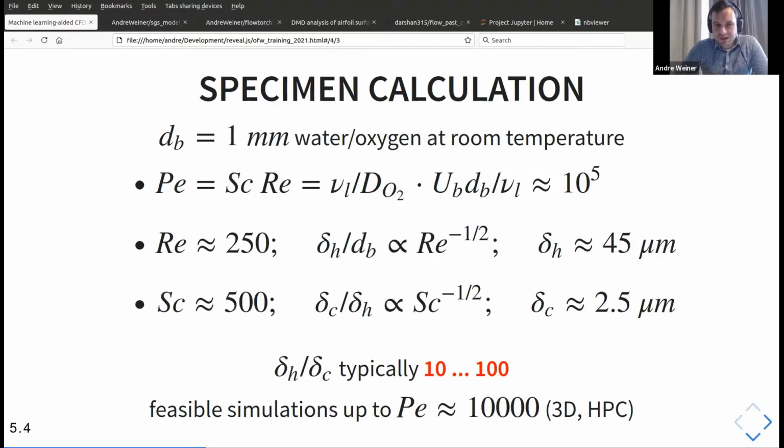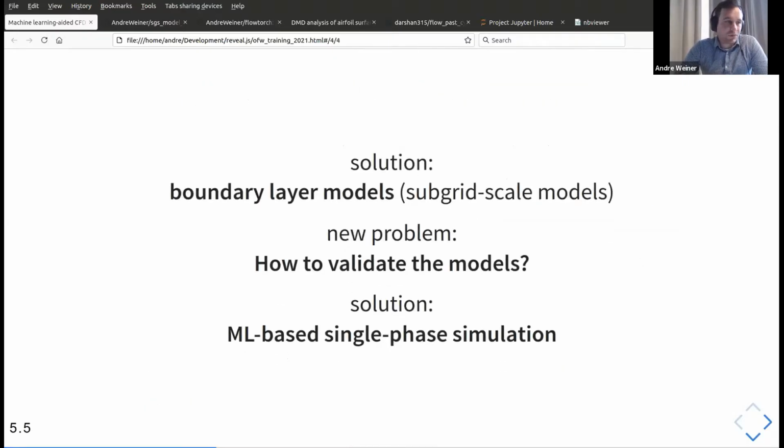Now, to circumvent this problem of thin boundary layers, people, including myself, have developed so-called boundary layer models for the species transfer during the past couple of years. We usually call them subgrid scale models, but here I will call them boundary layer models, because sometimes people from turbulence modeling get annoyed and say subgrid scale modeling is only for turbulence modeling.